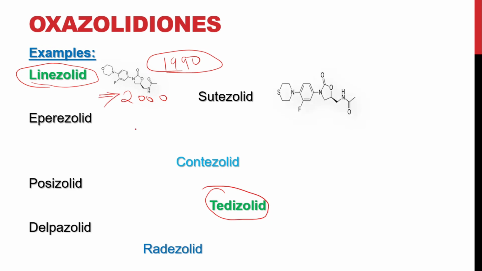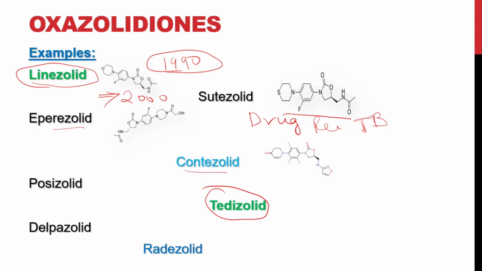Whereas sutezolid is currently under development. This sutezolid is studied particularly for drug resistance TB. And the next drug is eperezolid, another drug which is under development.